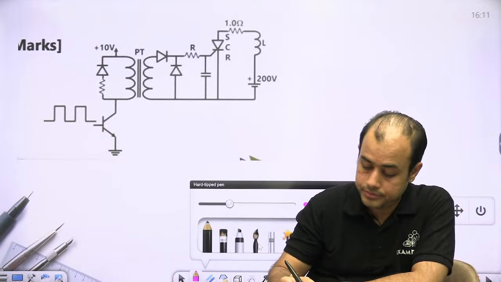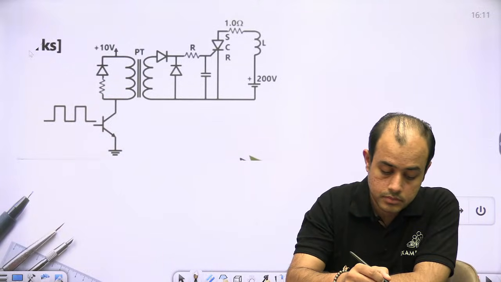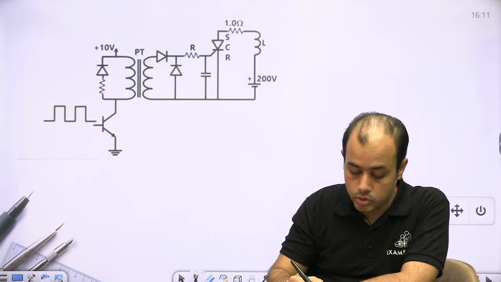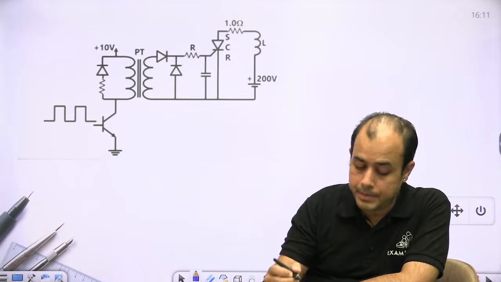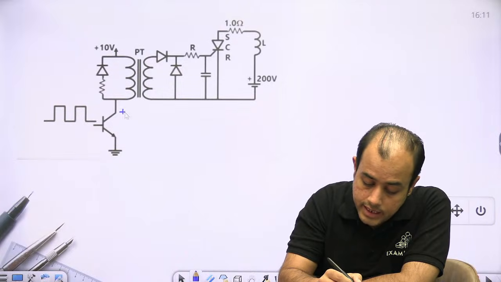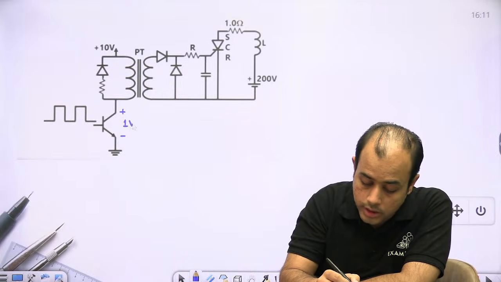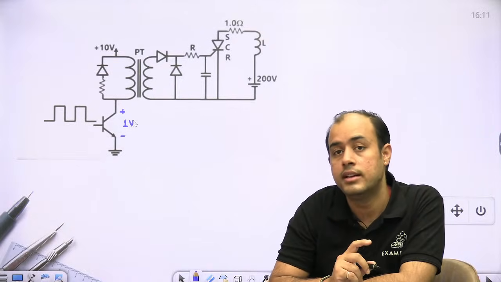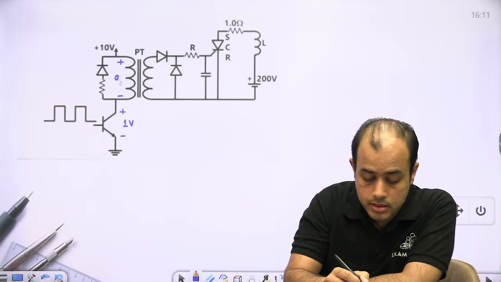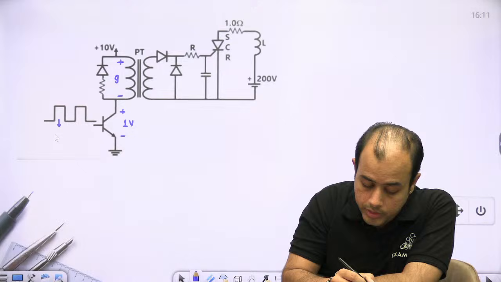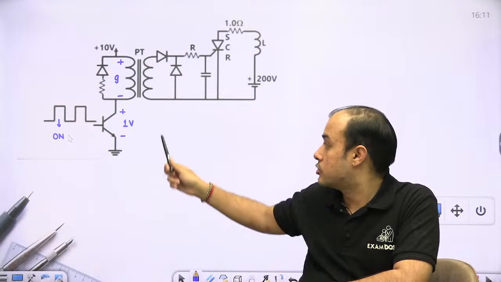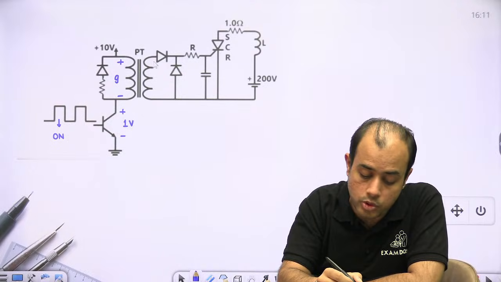So see this. Now, beta, when we want to trigger, my BJT should be on. Why should the BJT be on? So that current can flow. So the drop across the BJT will be 1 volt. It has been told that in the on state, the voltage drop should be 1. So during this time, the BJT will be on, there will be a drop of 1 volt, so across the winding you will have 9 volt.